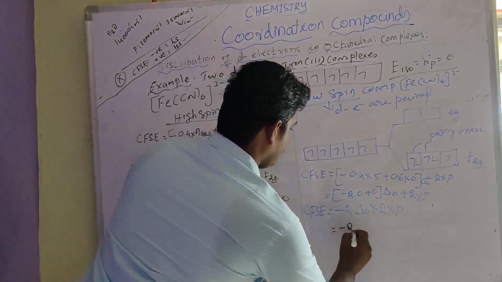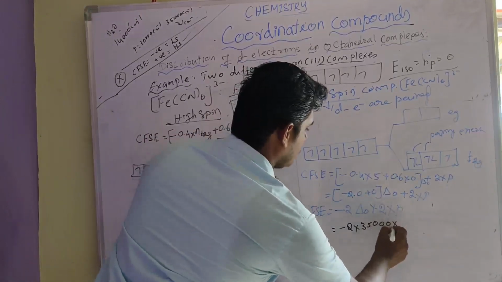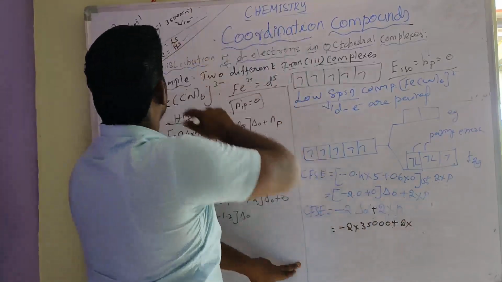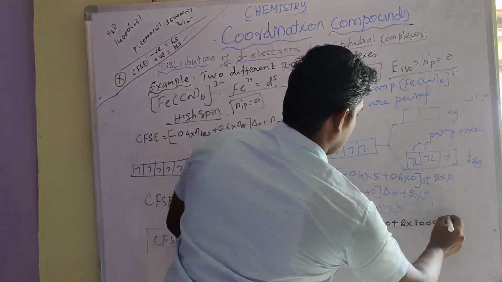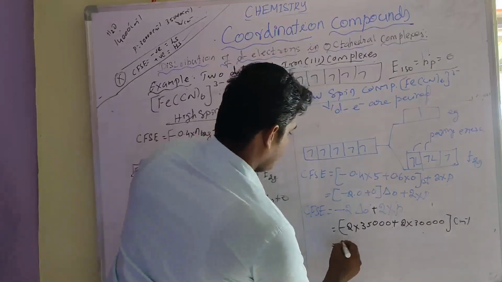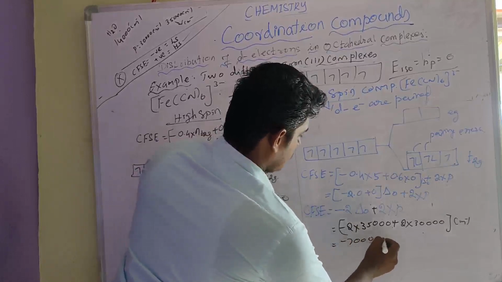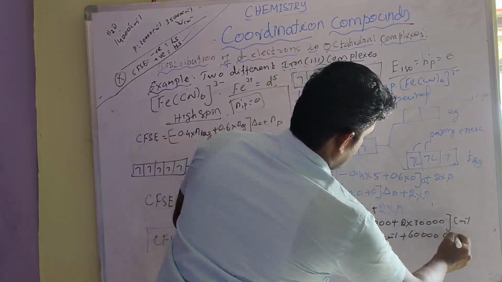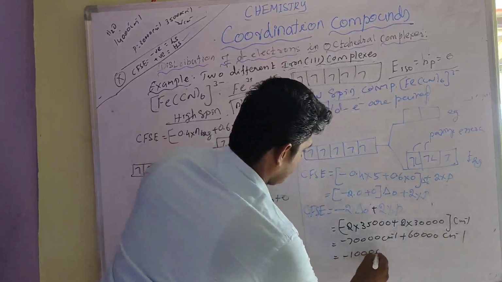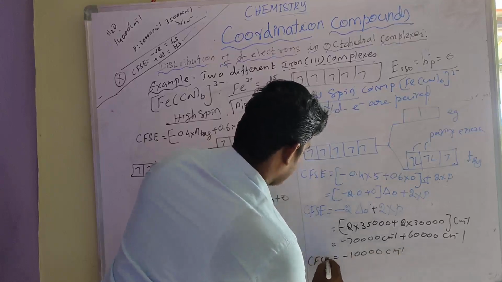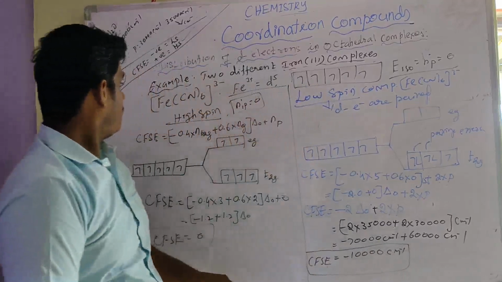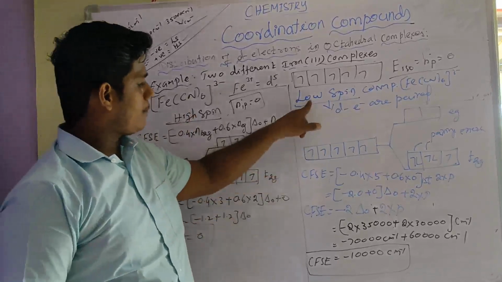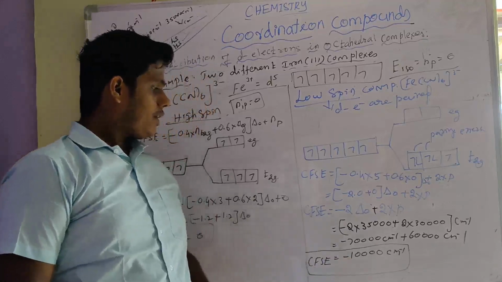So minus 2 times 35,000 plus 2 times the pairing energy of 30,000 cm-1. The final value is minus 10,000 cm-1. So the crystal field stabilization energy for the high spin complex of [Fe(CN)6]3- is 0, and for the low spin complex it is a negative value of 10,000 cm-1.